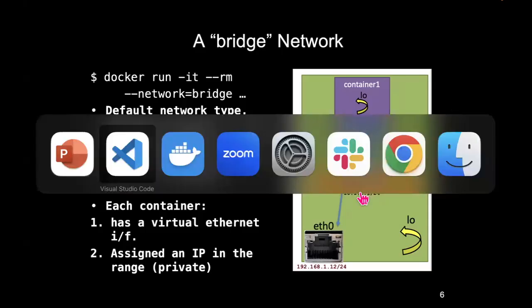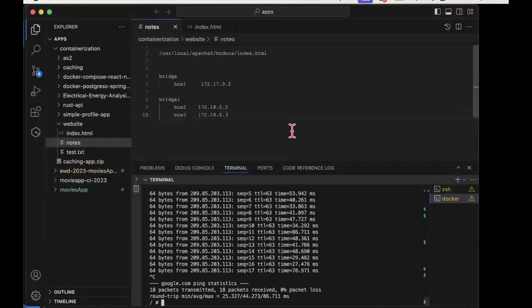Okay, so box 2 has contact with the outside world. Can box 2 see box 3? In other words, for example, can it ping it?